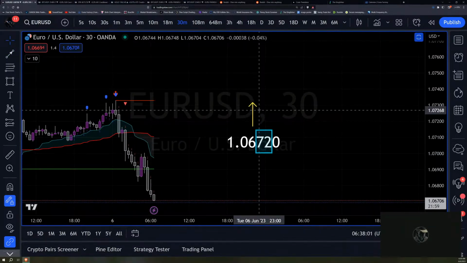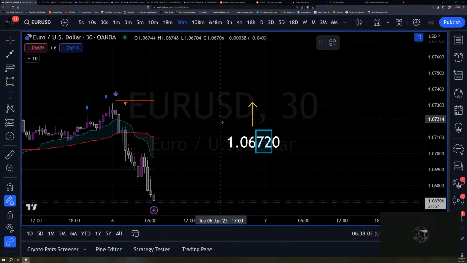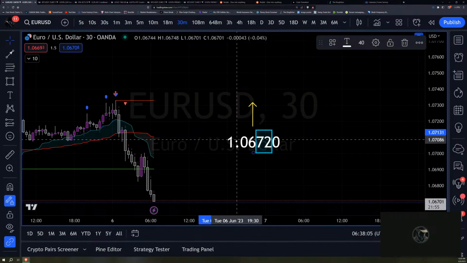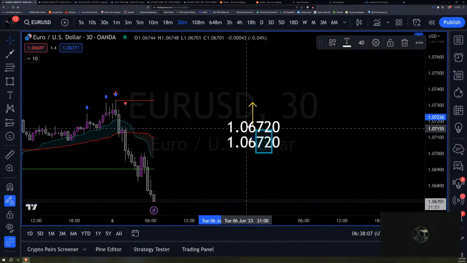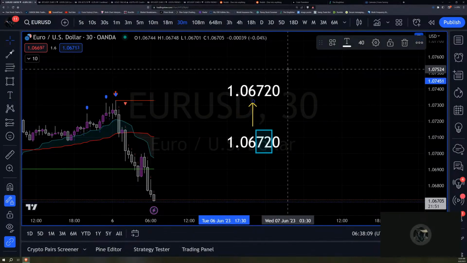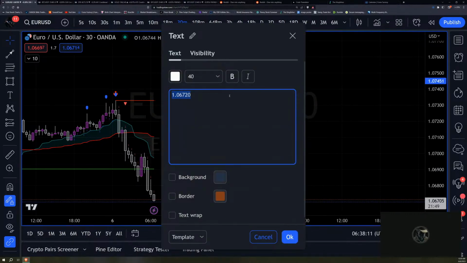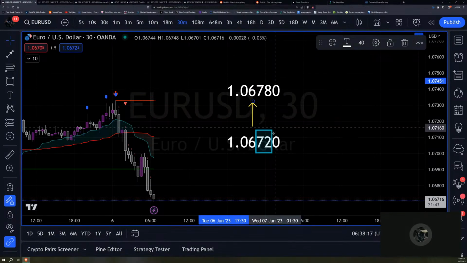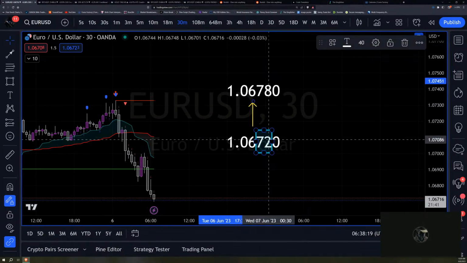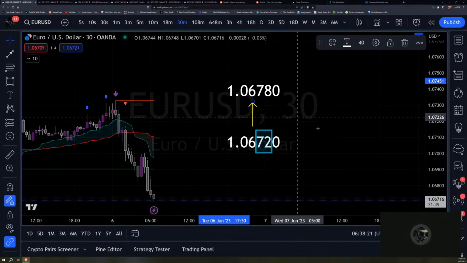So if the price rose a few thousandths of a penny to 1.06780, you're now looking at an increase of 6 pips. So 72 to 78 is 6 pips.